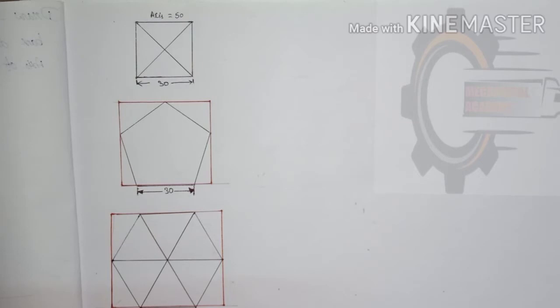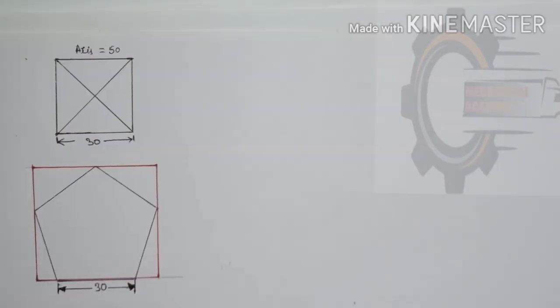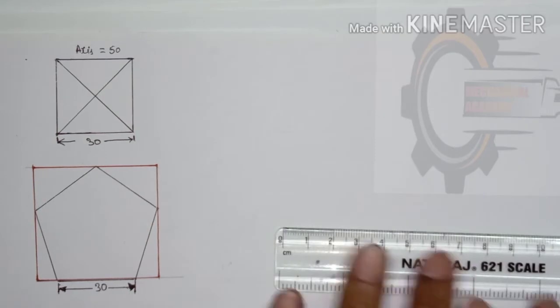First of all I am going to draw the square pyramid. For any isometric projection we need a reference line, so first of all we need to draw a reference line. Let's start.